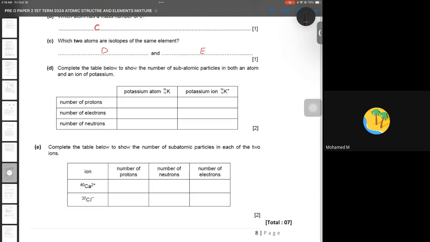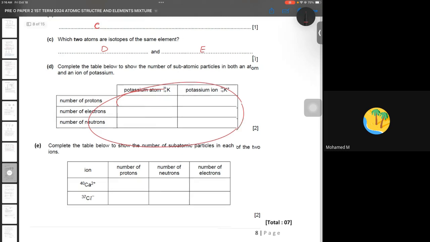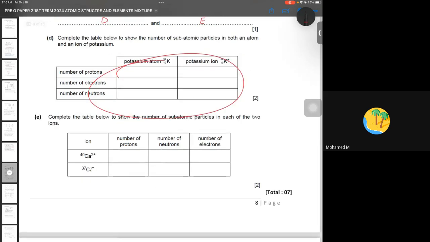How can you do this? Potassium K atom, number of protons would be 19, and the potassium ion would be 18. So 19 would be the potassium atom.